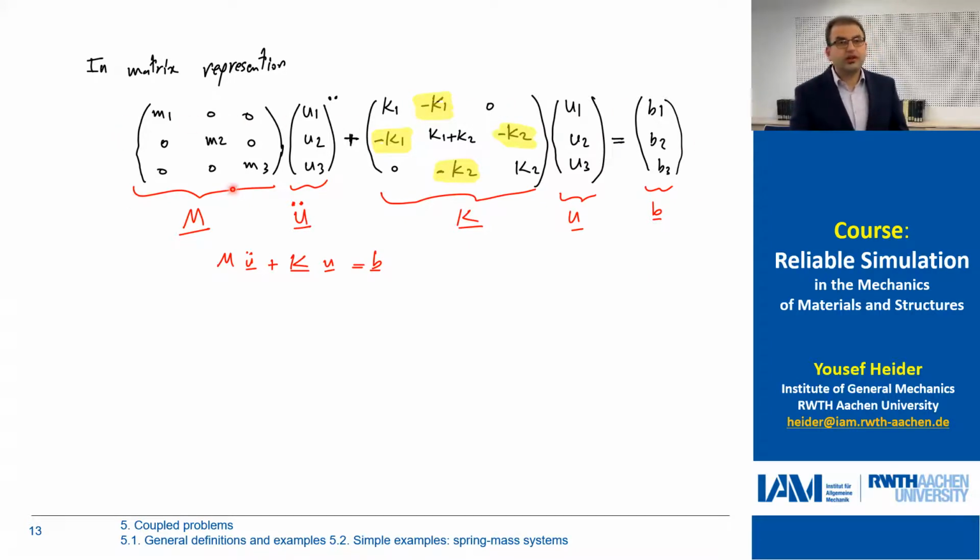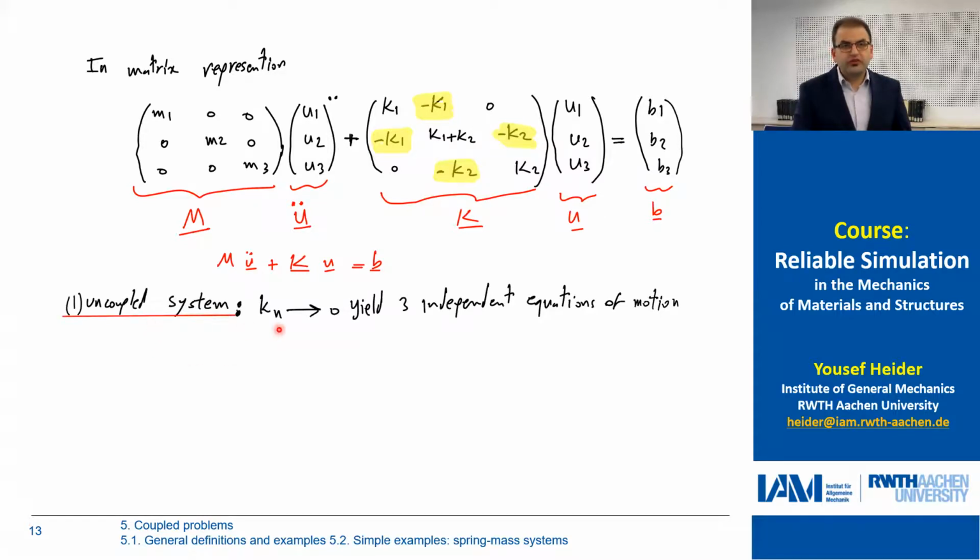Then we have a global mass matrix multiplied by the global acceleration vector, u double dot, so u1, u2, and u3 with 2 dots, plus the global stiffness matrix K, which includes all the stiffnesses, multiplied by the global unknown vector U, and this equals B, which is the forces. As we did before, it is clear that the off-diagonal terms are the coupling terms.